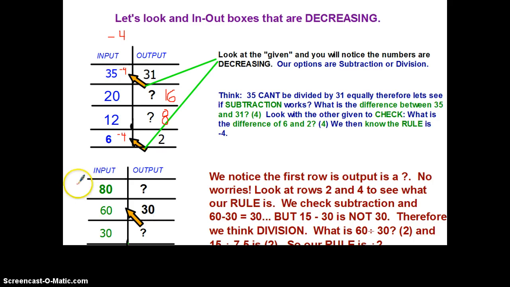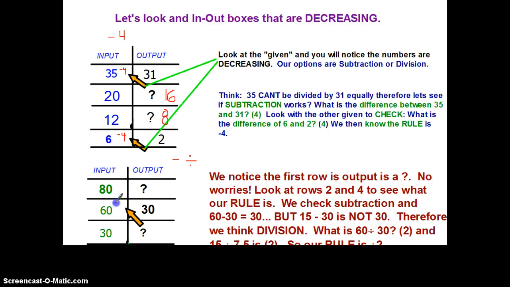Okay, so I see my numbers are decreasing. So 5th graders, when your numbers are decreasing, ask yourself, what 2 operations do you use when numbers get smaller? If you said subtract or divide, you're right. Very good. Okay, so let's start off with subtraction. 60 minus something equals 30. So 60 minus what equals 30?